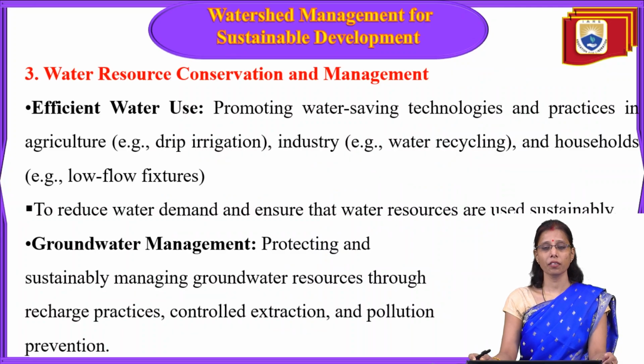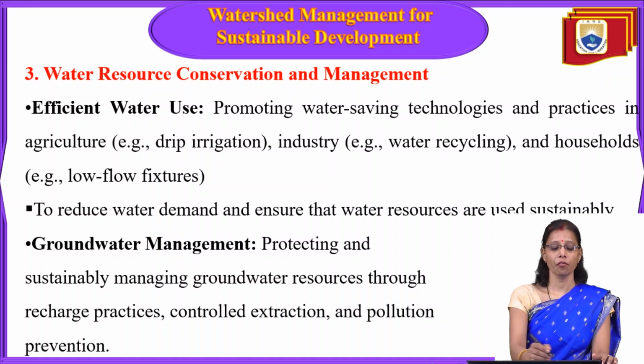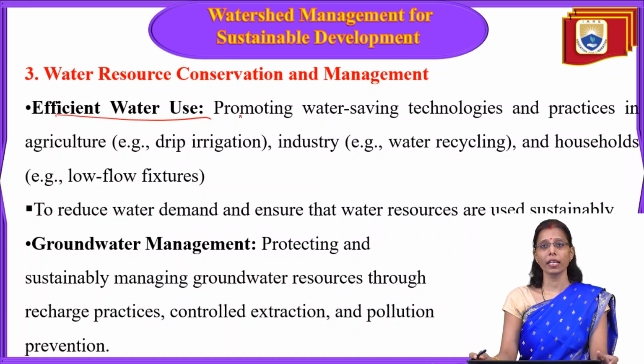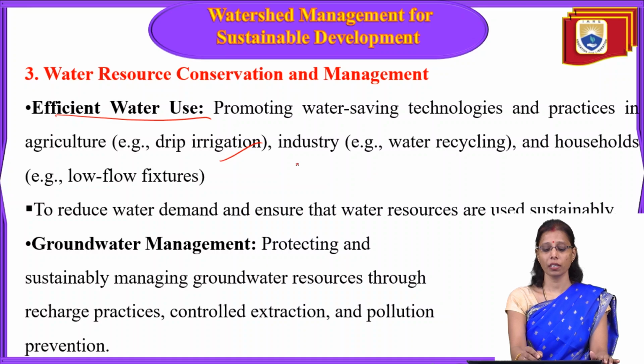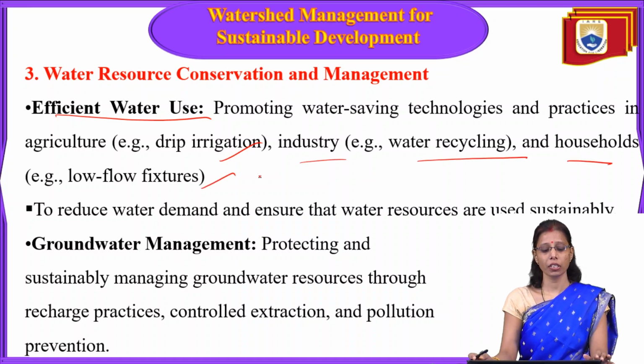Now, water resource conservation and management. So what is water resource conservation and management? Efficient water use. Promoting water saving technologies in agriculture, like drip irrigation, industry water recycling, and household low flow fixtures can be used in this efficient water use, and it will reduce the water demand and ensure the water resources will be used sustainably.